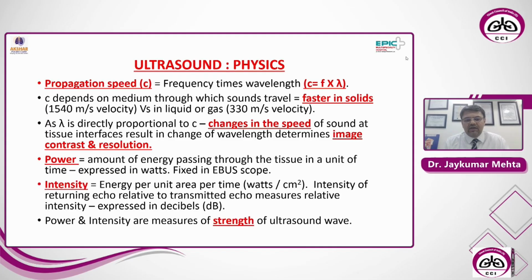And intensity, which is energy per unit area per time, is expressed in watts per centimeter square. The intensity of a returning echo relative to the transmitted echo measures relative intensity, which is expressed in decibels. Together, power and intensity are measures of the strength of the ultrasound wave, and we will see how to modulate this strength in the coming slides.